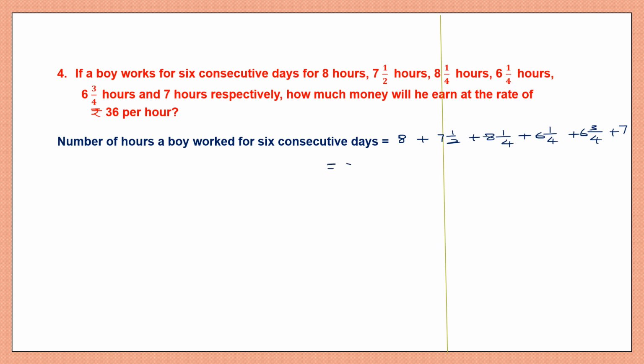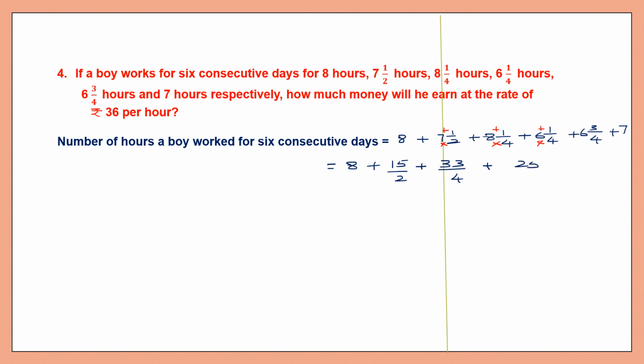So that is 8 plus, now let's convert, 2 7s are 14 plus 1 is 15. So this is 15 by 2 plus, convert the next one, 4 8s are 32 plus 1 is 33. So that is 33 by 4 plus, next one, 4 6s are 24 plus 1 is 25.